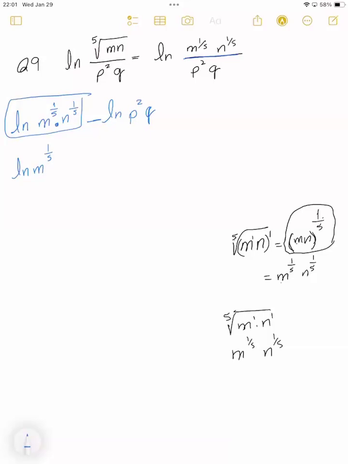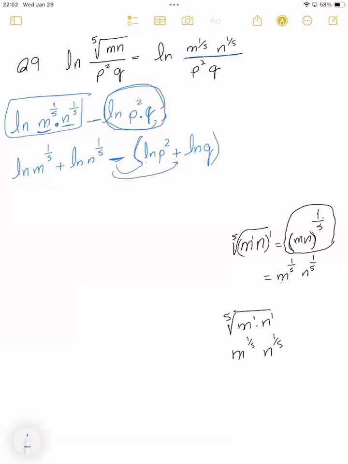I can write it as ln of m to the 1/5 plus ln of n to the 1/5. I have a minus sign. So I can write this piece as ln p to the power 2 plus ln q. But see, you have one term here, now you have two terms here. So because of that subtraction, make sure you put the parentheses because this negative has to be distributed.